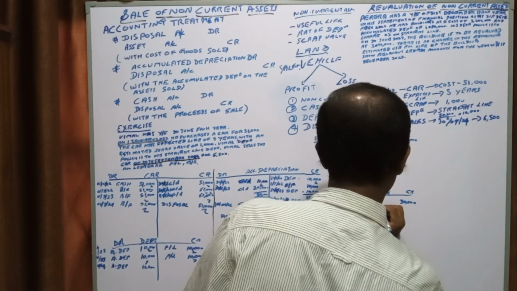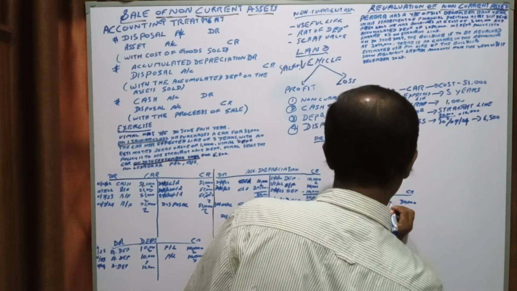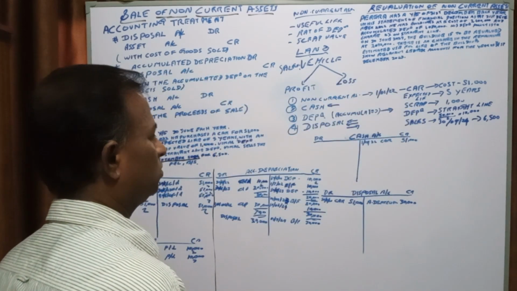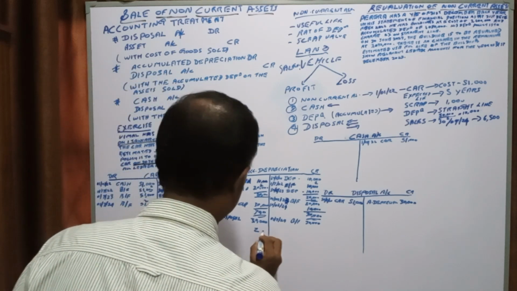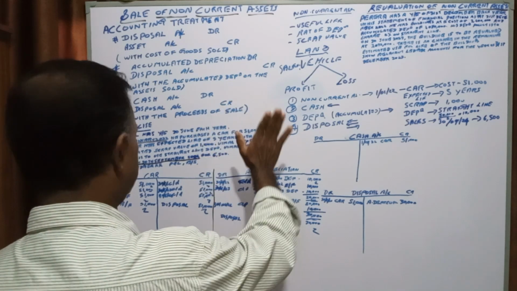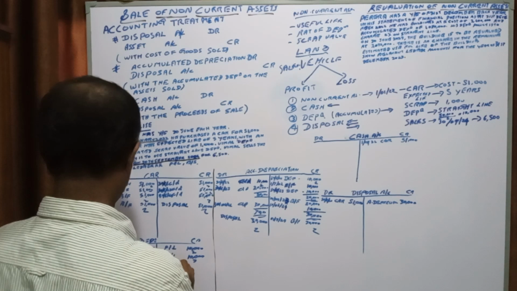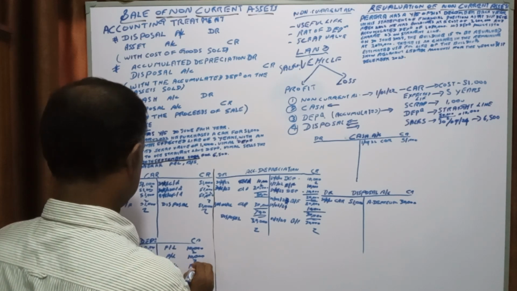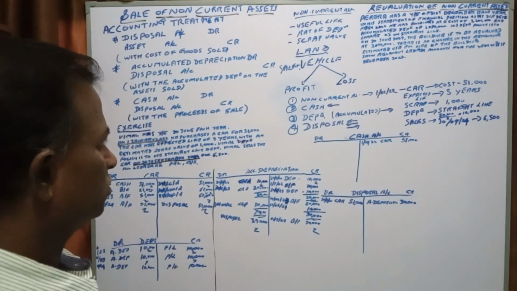Accumulated depreciation, right? So we have removed. Here it is debit and credit balances. So we have closed the depreciation account. This goes to P&L. This is closed, this is closed, this is also closed.